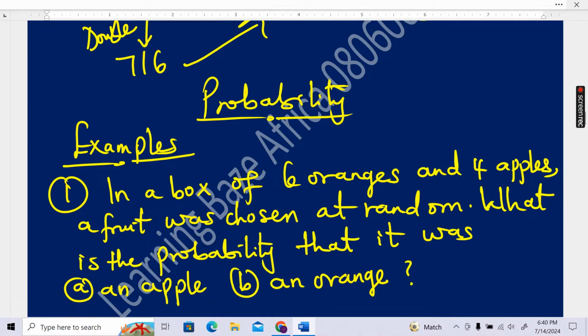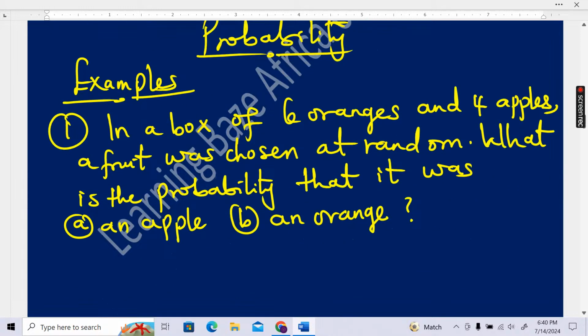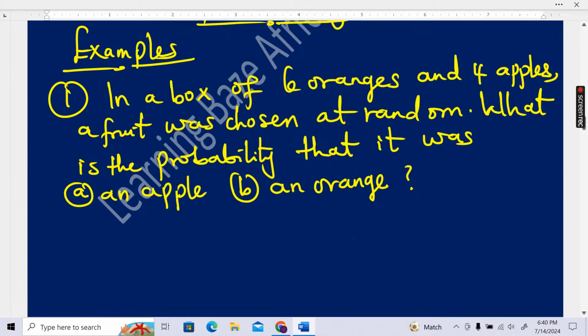Okay, number 1, in a box of 6 oranges and 4 apples, a fruit was chosen at random. What is the probability that it was A, an apple, B, an orange?